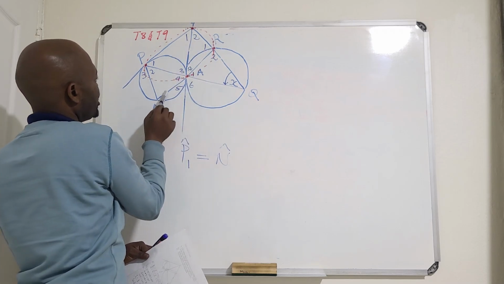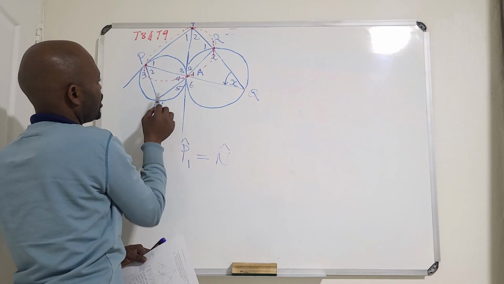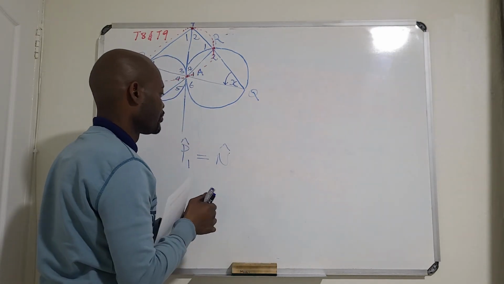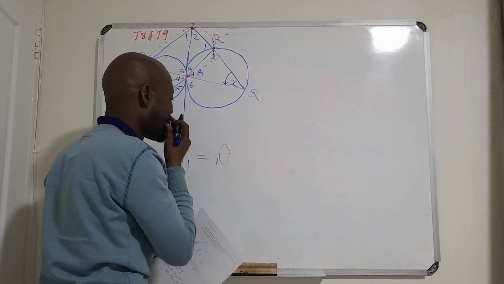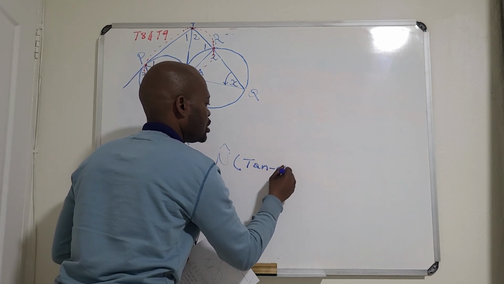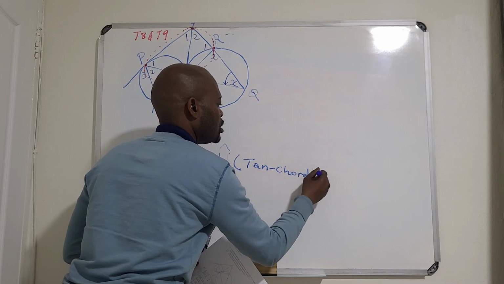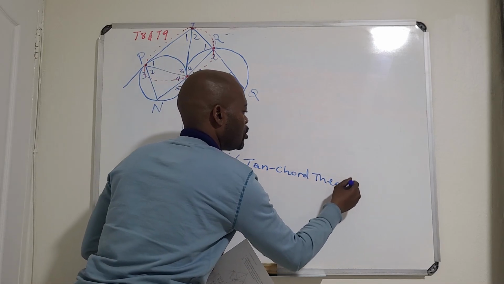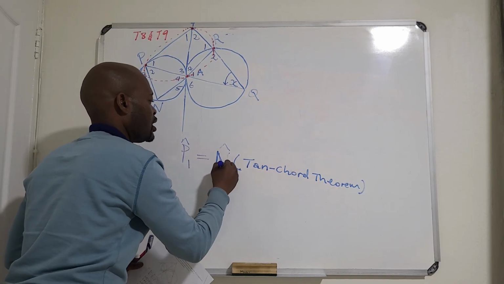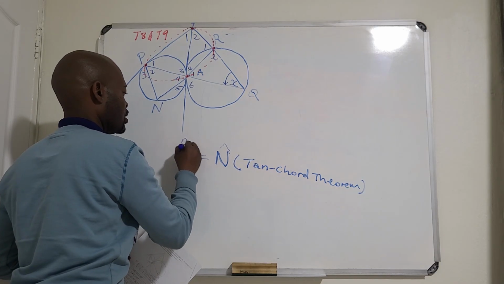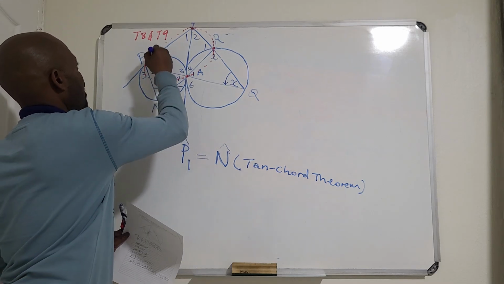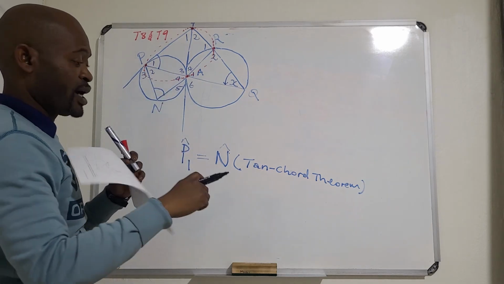So it is going to be equal to this angle there. Therefore, our reason here is tan chord theorem, which is angle P1 is equal to N. So this angle is equal to that angle there.